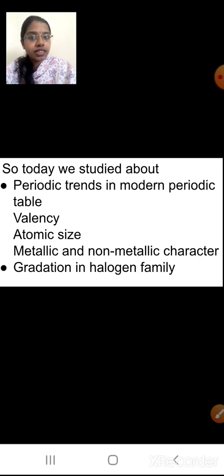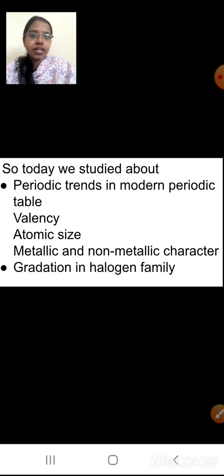You go through all these concepts again. Here we complete the lesson also. Our lesson is complete, that is, periodic classification of the elements. I hope you have understood the lesson we have done. Please revise it, go through it, and try to solve the activity questions given in your textbook. Try to solve those activity questions in the middle.